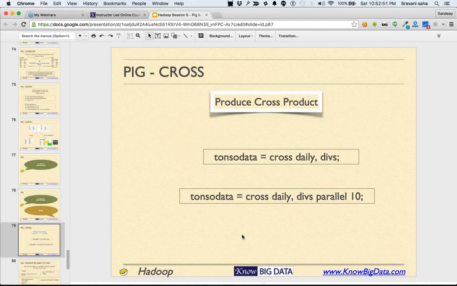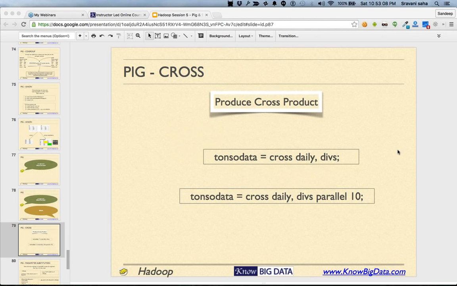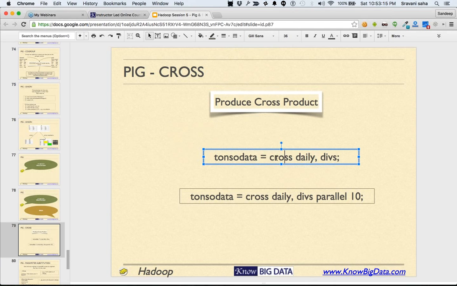Cross product is basically multiplying one record with all. So you use cross for the Cartesian product, you don't use join. Instead, you use another syntax called cross.